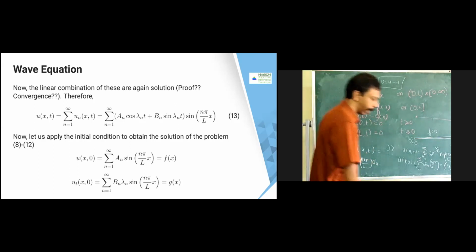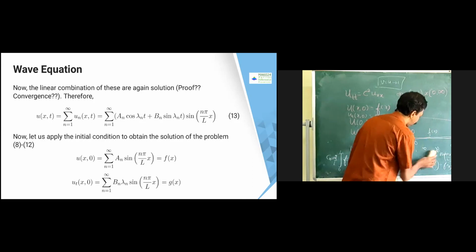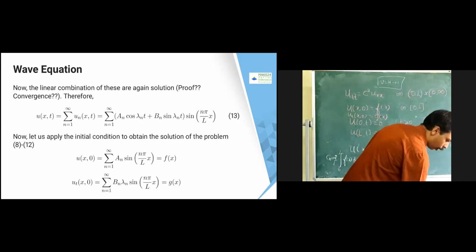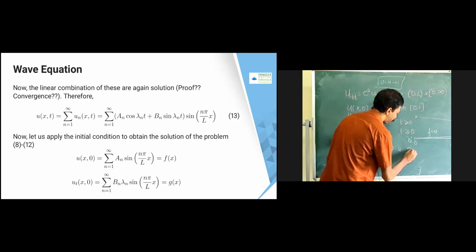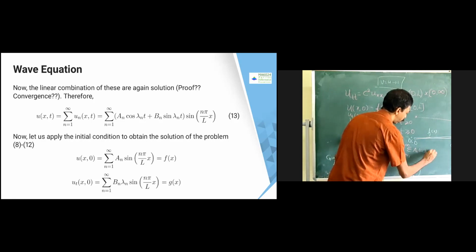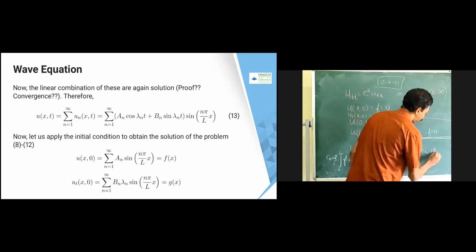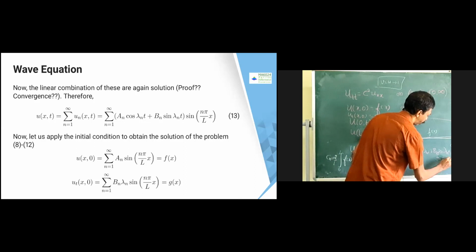So again we will have a similar kind of thing. Here u is going to be the summation n equal to 1 to infinity of a n cos lambda n t plus b n sin lambda n t, into sin n pi by l into x.